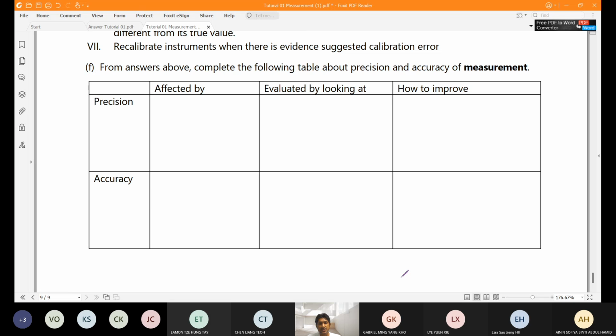To improve it, examine the validity of the assumptions, examine the procedure, or examine the systematic error. Remove the problem associated with the methodology or with the instrument that we are using. Calibration is something we can do. So this is how we can reduce the error.